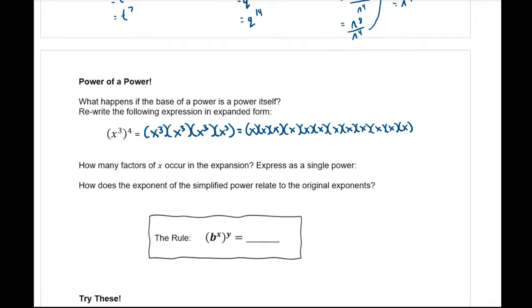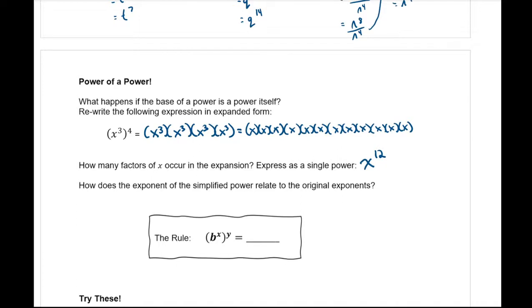So how many factors of x do I have in this expanded form? So if you go through and count all of them, you should find that you have 12 x's all multiplied together. So if I have x times x times x times x and so on, I can simplify that by saying x to the power of 12.